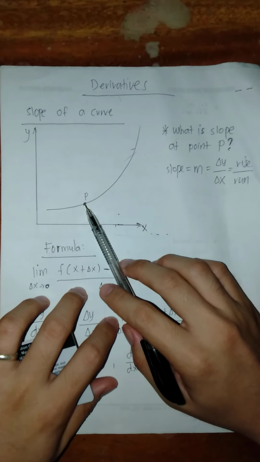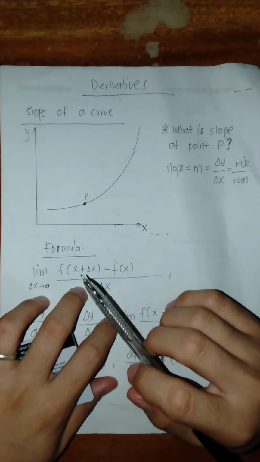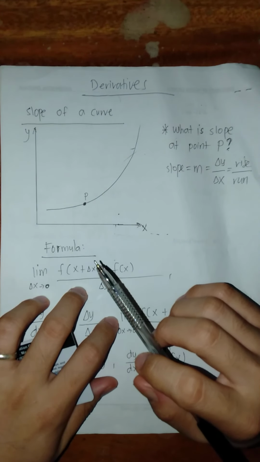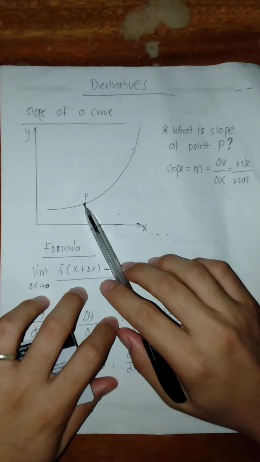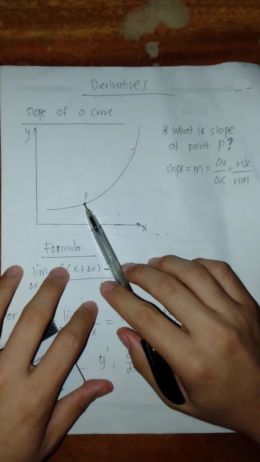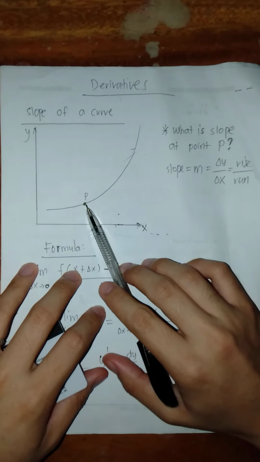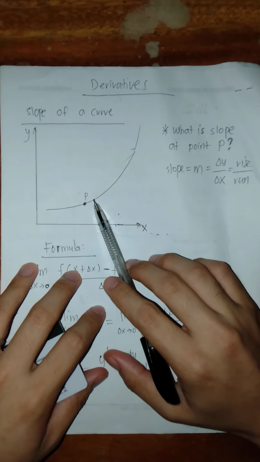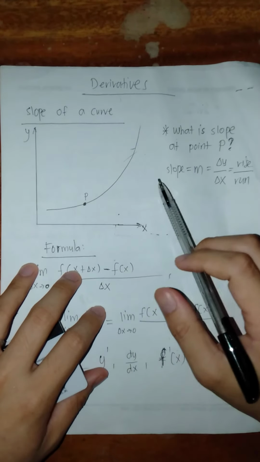Since it's a curve, it does not have a single inclination. If you put a magnifying glass or microscope at point P and move along each of the points on the curve, the slope changes at each point.